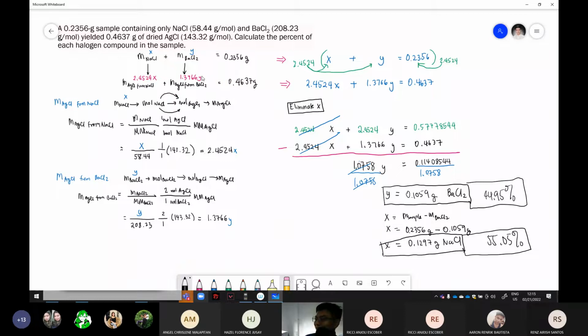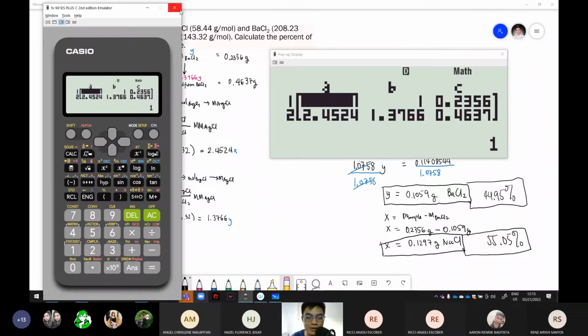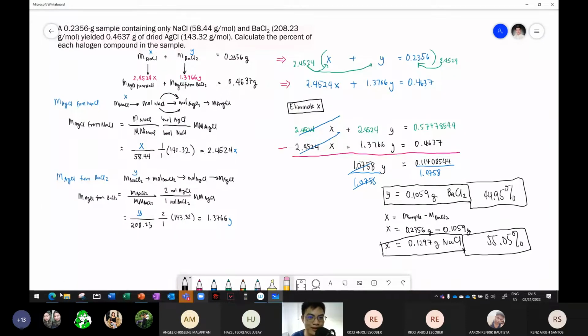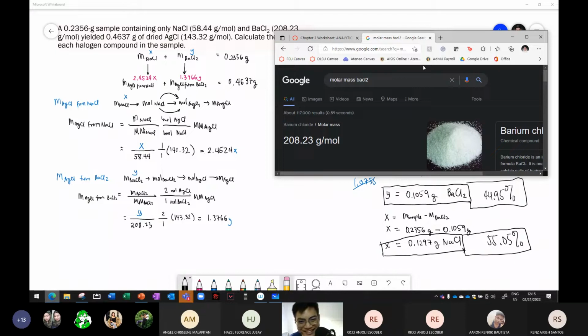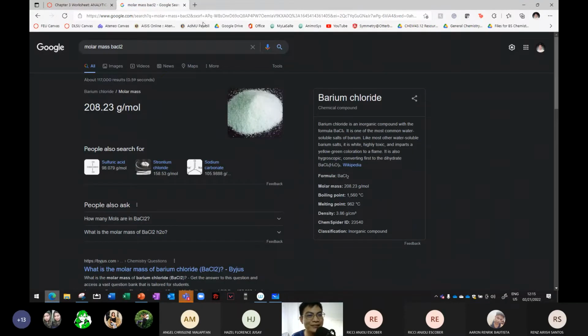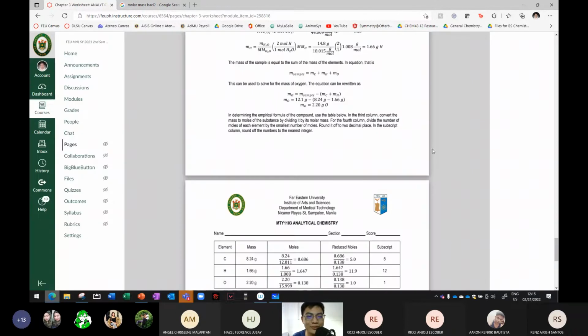Pag ibang problem, di na uli gets. Madali lang yan. Kuha tayo isa pang problem. Same lang yung process niya. Okay? Last problem. Then yung iba kayo na bahala umintindi. Kaya nyo yan? Kayo pa ba?